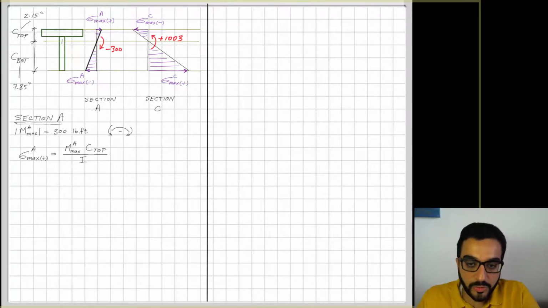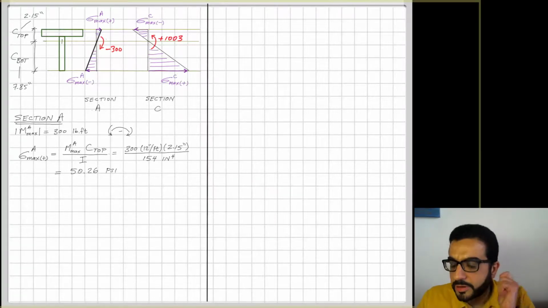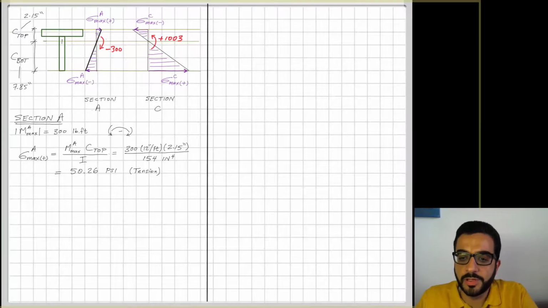So now I know that the positive maximum stress in section A is developing at the top point of the beam. So I will use C top, and using this, the moment here divided by the inertia. So the stress here is equal to 50.26 psi.